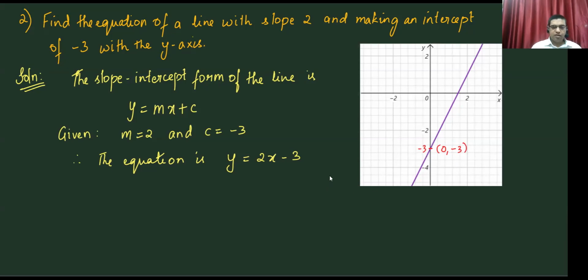Slope 2, so positive inclination. You don't have to draw a figure, but I'm giving you a pictorial vision. As you keep doing maths, you should get a graphical visualization of the problem. That will help you. So this was slope intercept form.